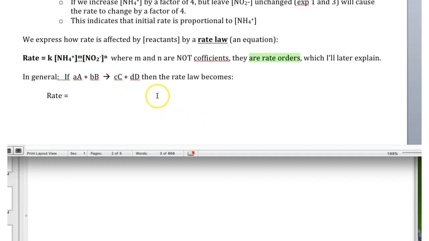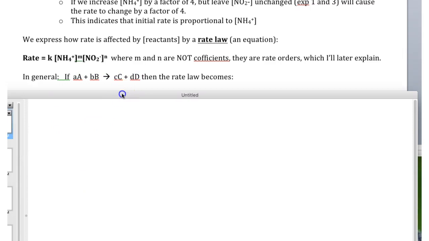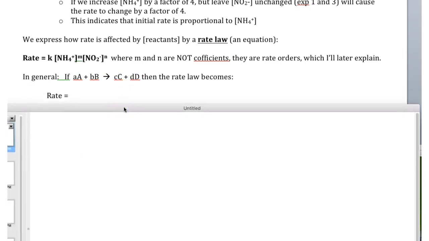Okay, so in general, you will have an equation that looks like this, and like I said already, you're going to set it up in a certain way. So, for example, the rate law is going to be rate equals K times the concentration of A to the power of m.